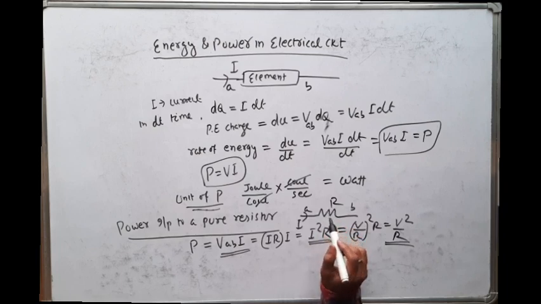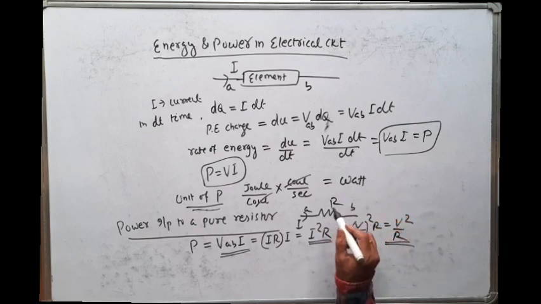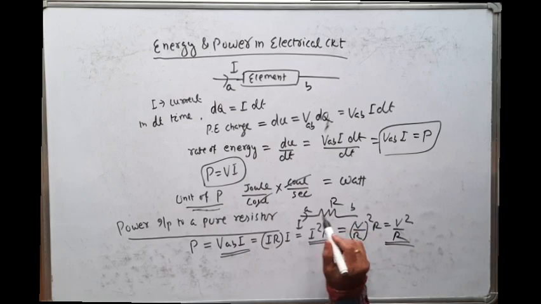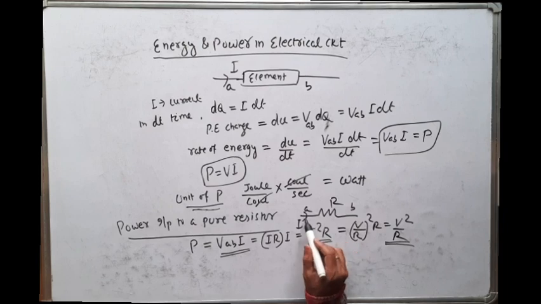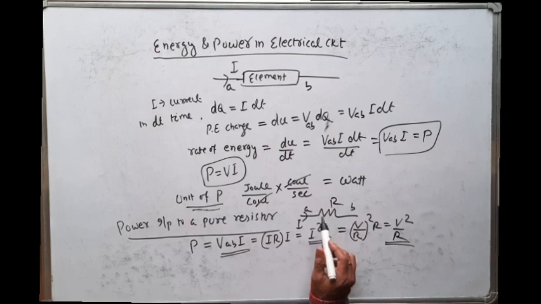Temperature increase means heat is produced, and that heat will radiate to the surroundings, which is treated as loss of energy. Or we can say energy is dissipated in the resistor at a rate I square R. So when current passes through any resistor, some energy is lost in the form of heat. Energy is dissipated in the resistor at a rate I square R.